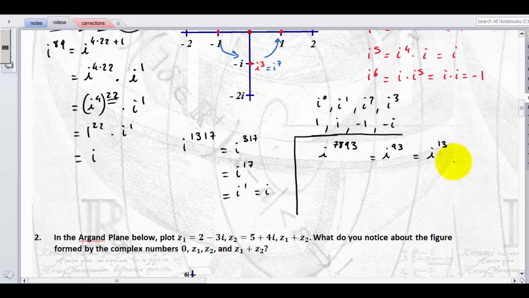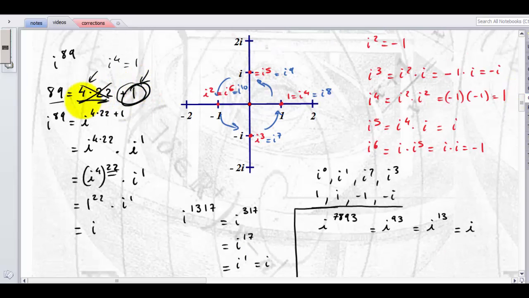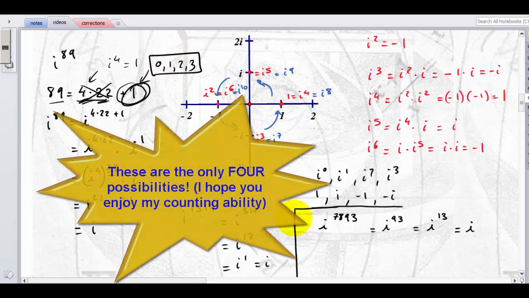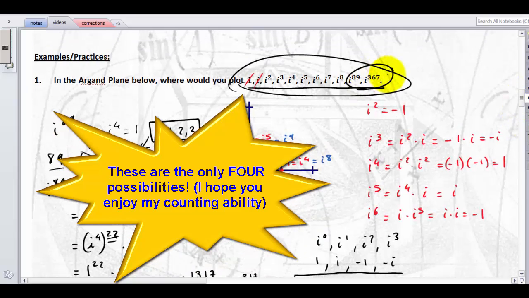Oh, here we go. It's really by chance, but it's always 1, okay? If you divide anything by 4, the remainder has to be smaller than the divisor, right? So this can be 0, 1, 2, or 3. These are the only possibilities, all right? Please, I'm going to let you do this one.